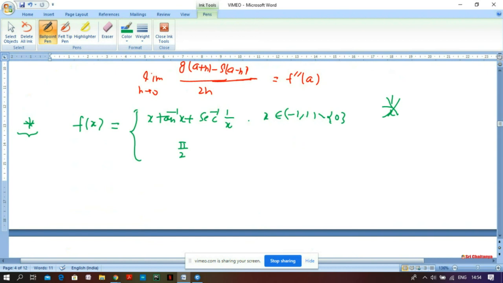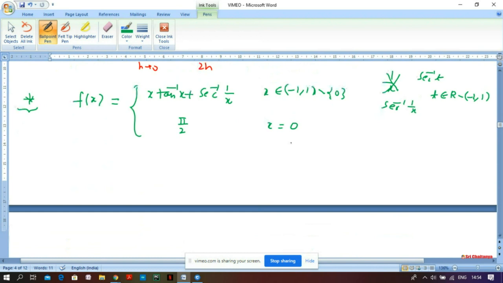Minus 1 comes because sec inverse t is defined only when t belongs to R minus (-1, 1). So for some reason we are defining only in a closed-open interval, that's our choice. And pi by 2 when x equals 0.